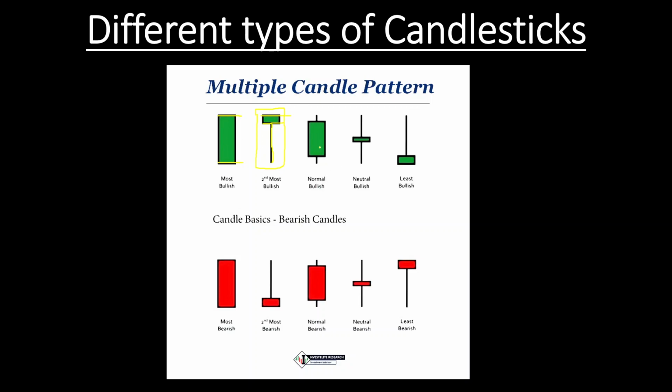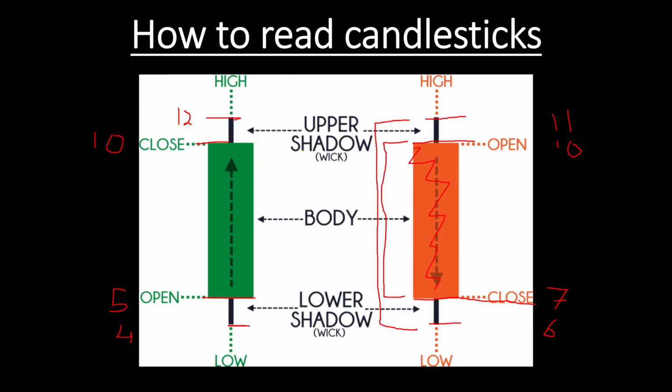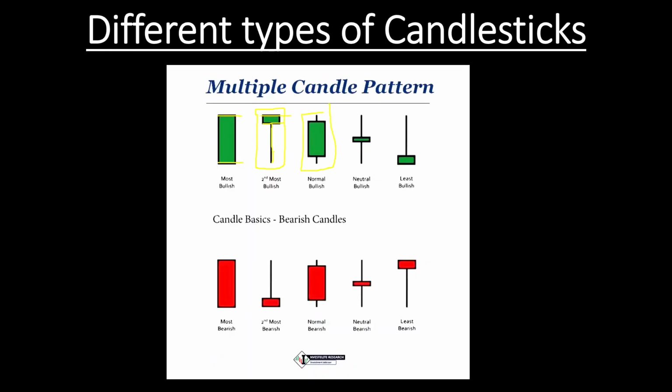If we then look at this, it's just a normal bullish candle. It's very common, similar to the one we saw here. Two wicks, a relatively large body of the candle. Not much to say about that one. This one here is not necessarily a doji.